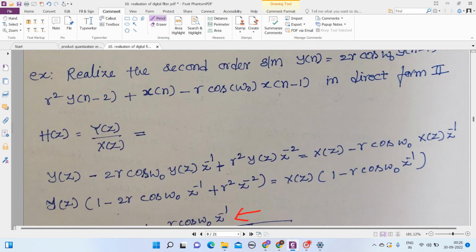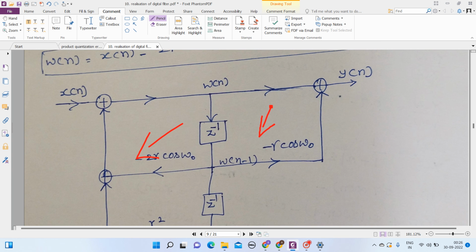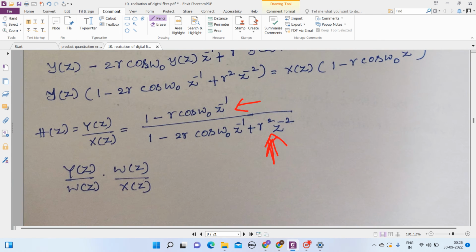See here. So in the direct form 2 structure, the delay element exists at the center, and the adder elements exist at the side. So this is z to the power of minus 1, giving w of n minus 1.